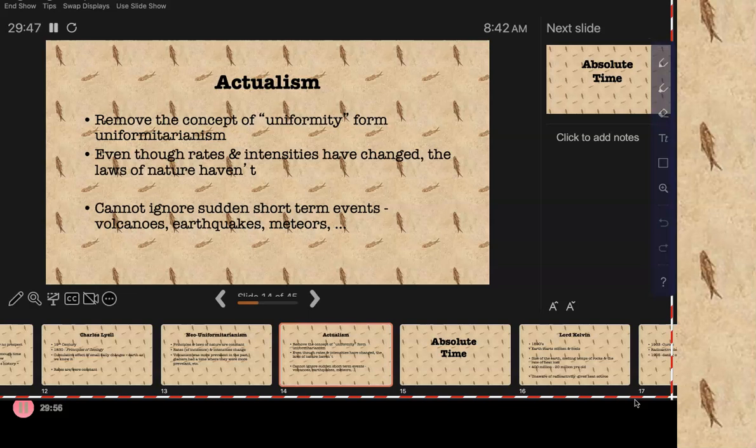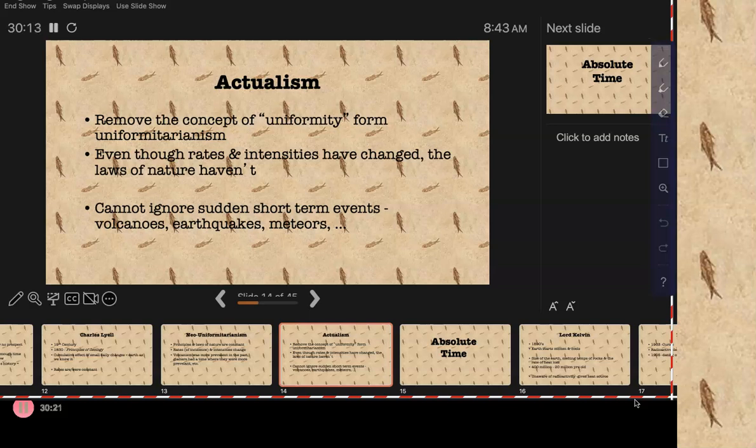So even though the rates and intensities have changed, the laws of nature really haven't. Gravity has worked more or less in the same manner. Water's always flowed downhill. Pressure has always moved from one direction to another. That hasn't changed, and as such, the processes should be fairly similar.